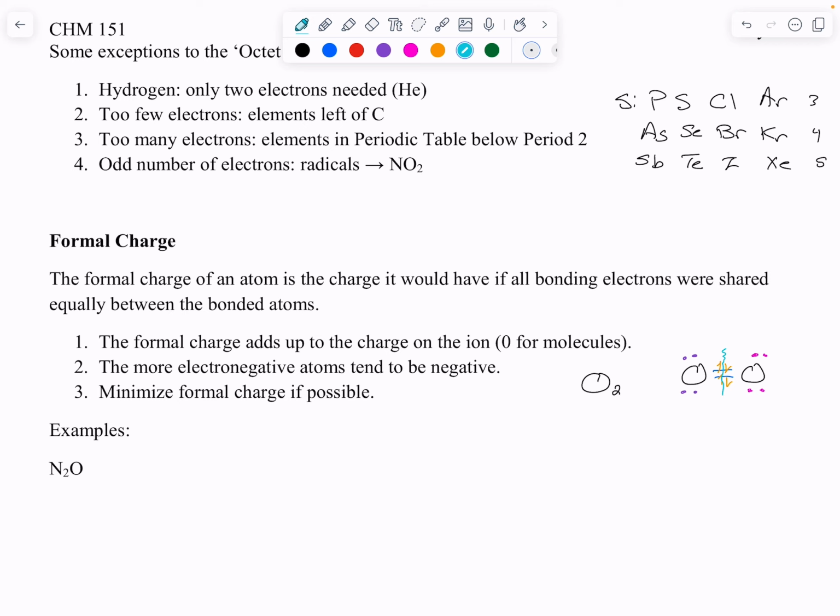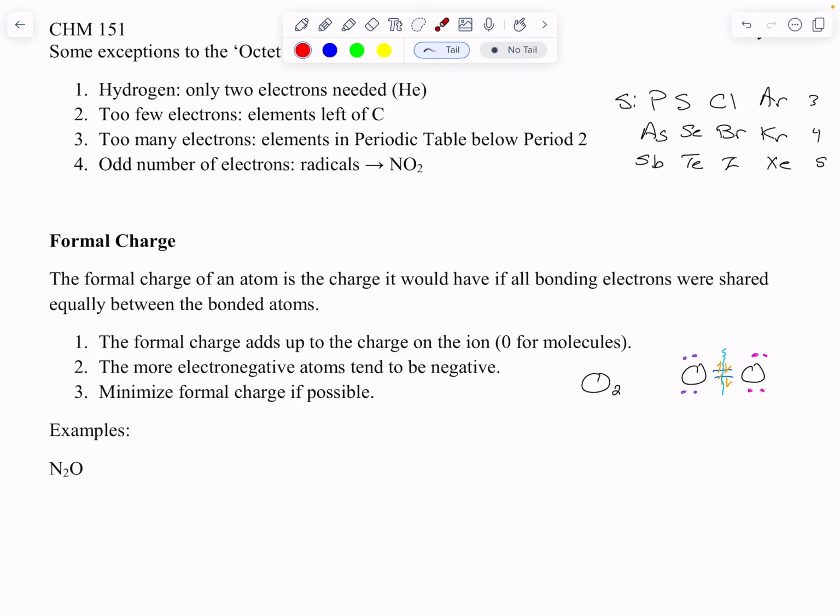The oxygen on the left gets 2 of the orange electrons and then all the purple dots, so it has 6 electrons. And it brings in 6 valence electrons, so it's formally 0. The oxygen on the right gets 2 of the orange electrons, as well as all the pink electrons. It goes 1, 2, 3, 4, 5, 6. So it has 6 electrons, it brings in 6 electrons, and so formally it's 0.